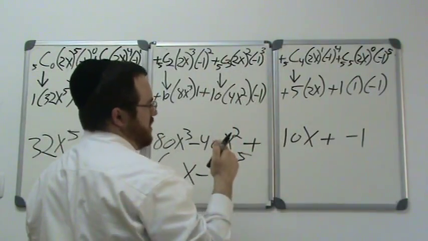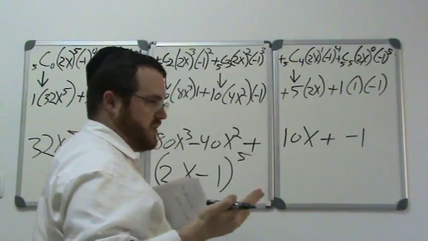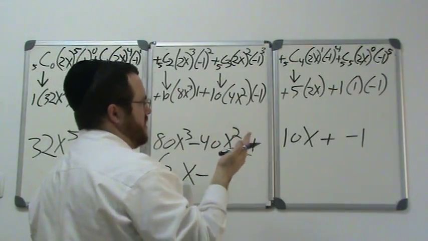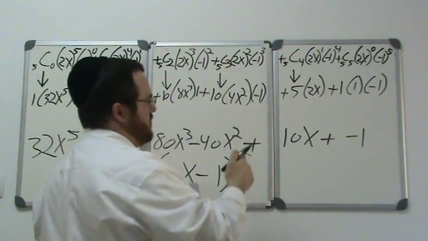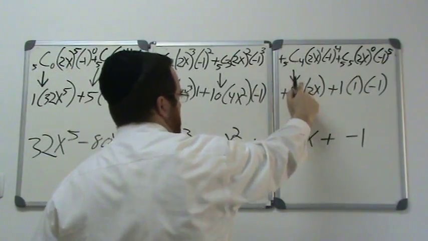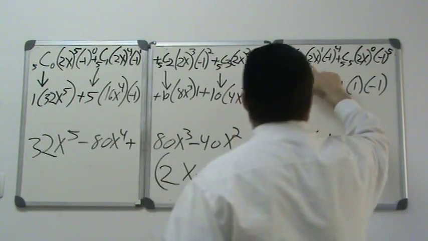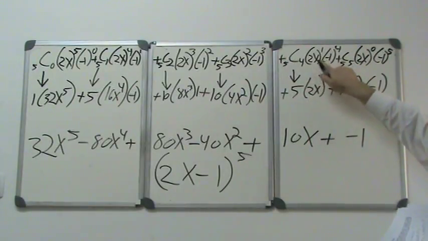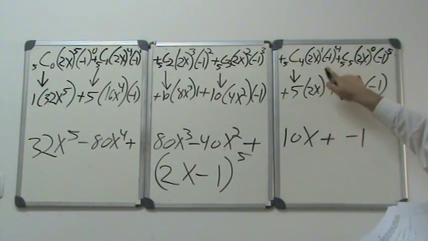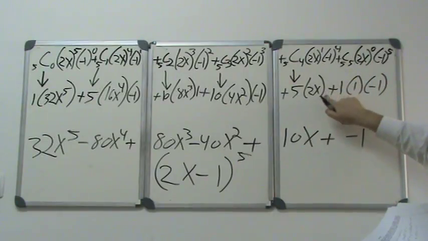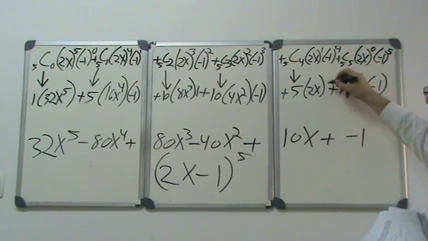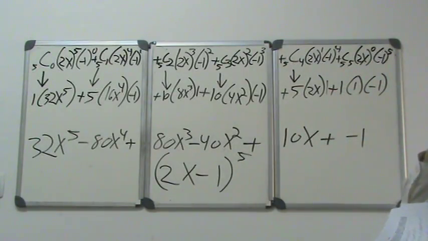Any negative number to an odd power will be a negative number. And negative 1 to an odd power is negative 1. Plus 5 combination 4 is 5. 2 to the 1st power is 2. X to the 1st power is x. Negative 1 to an even power is just a positive 1. So I could write it in here, but you don't really have to. It's better to write it in.